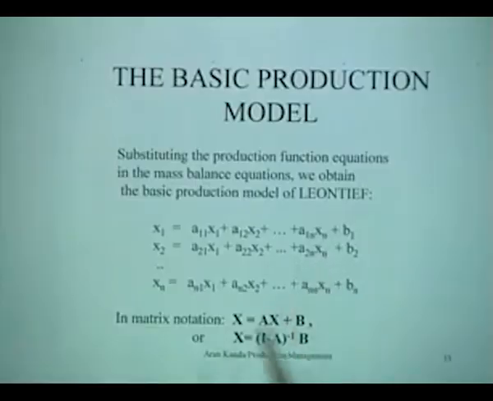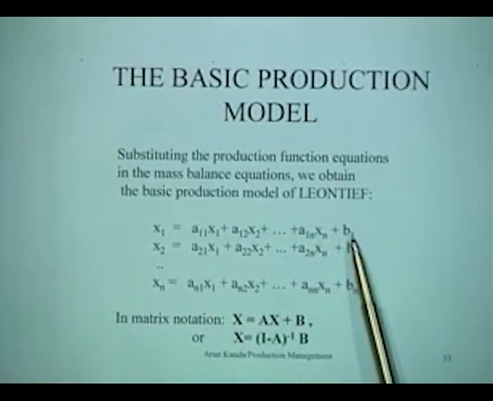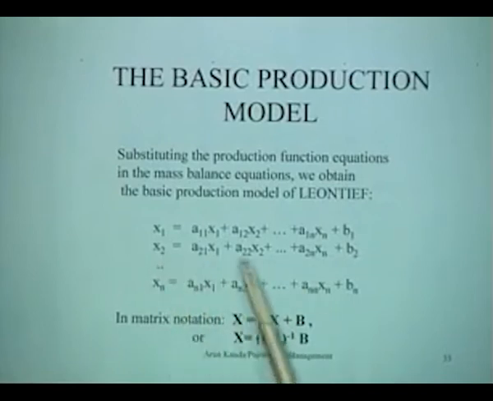The basic production model in this situation comes out like this: x1 would be equal to this particular thing plus b1, by mass balance equations. X2 would be a similar equation, and xn would be a similar equation. If you put it in matrix notation, you get x = Ax + b, and then you can directly solve these equations for x and you get x = (I - A) inverse b.